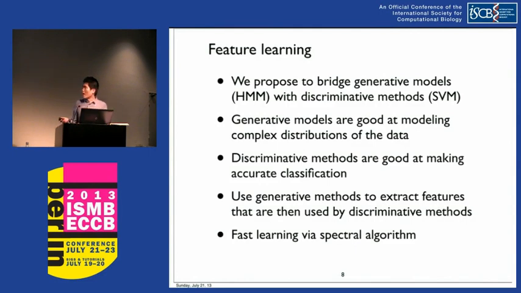Our approach combines those two methods and uses generative models to learn and extract features, which are then passed to discriminative techniques for superior performance. We also employ a fast and efficient learning algorithm using a spectral algorithm.